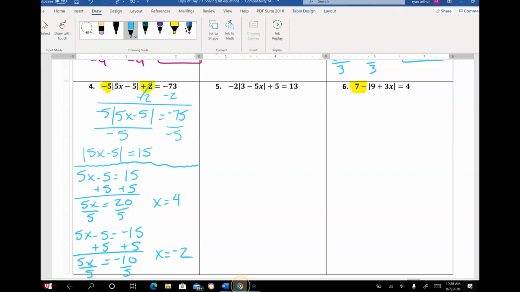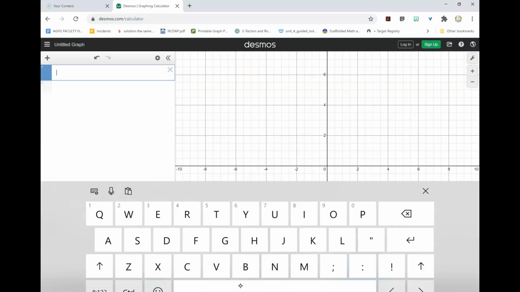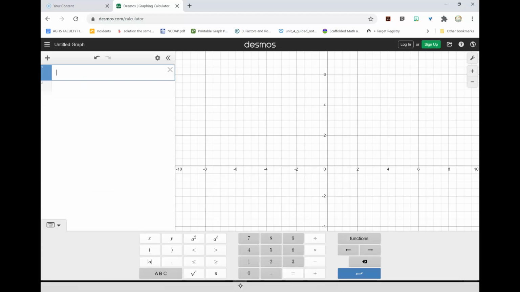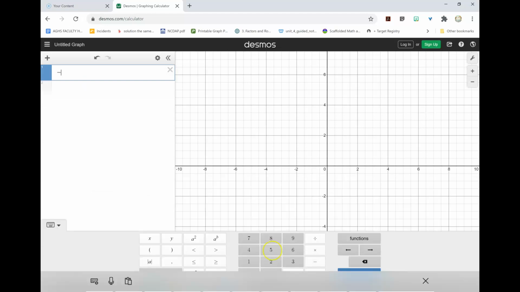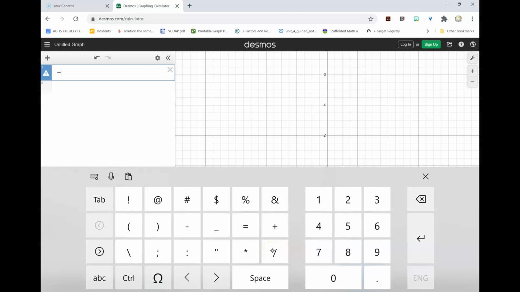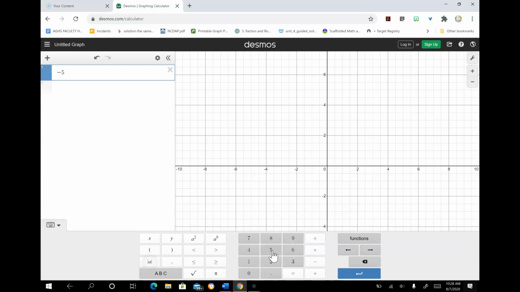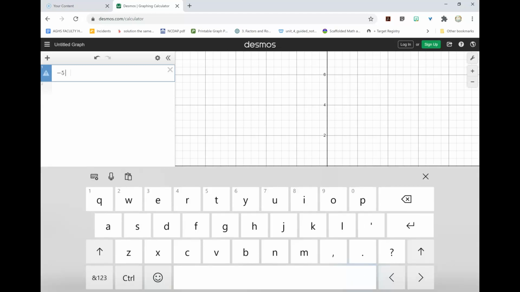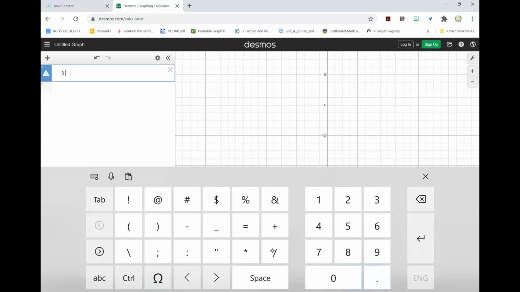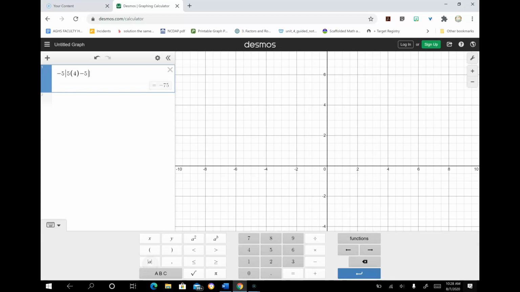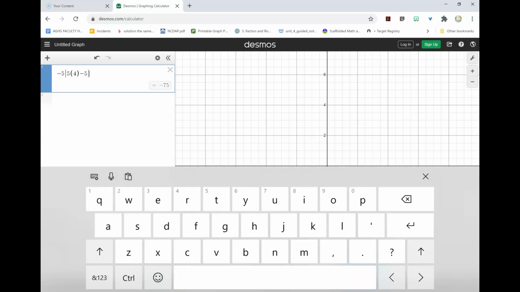I've got -5 times the absolute value of 5 times, our first answer was 4, minus 5, close the absolute value, and then we're going to say +2.